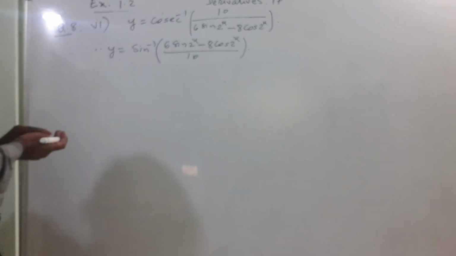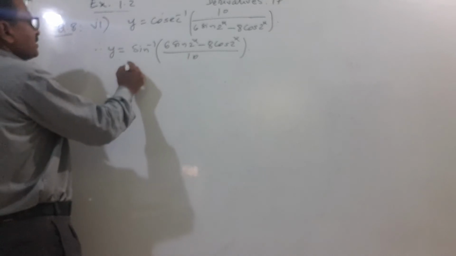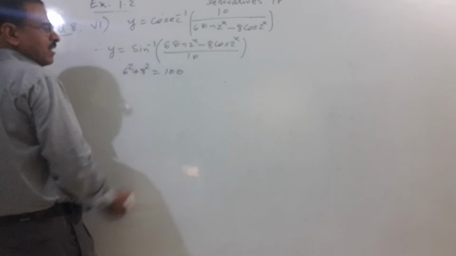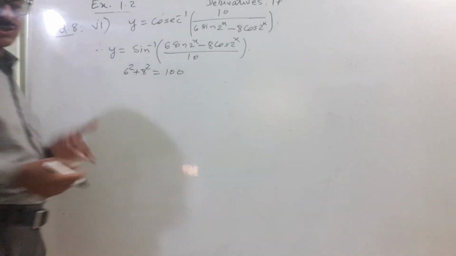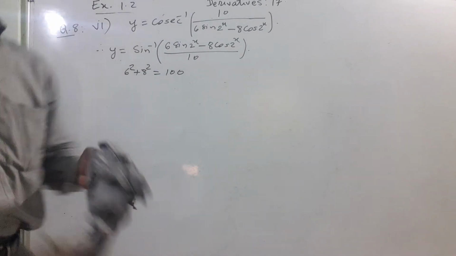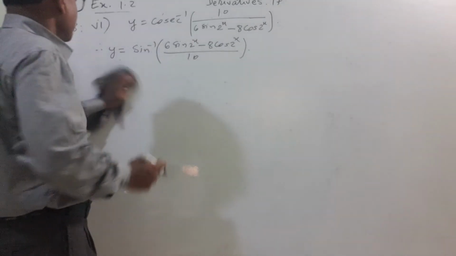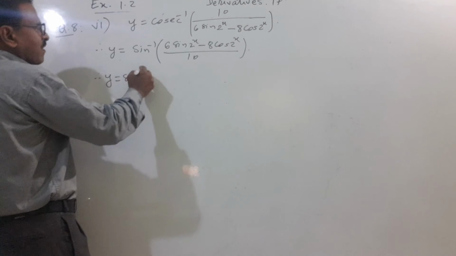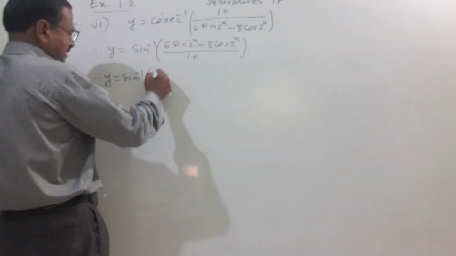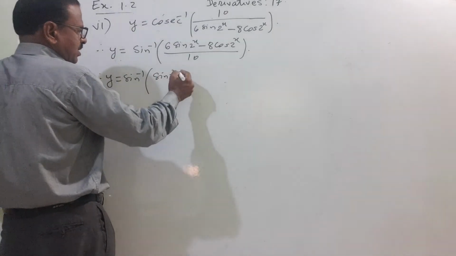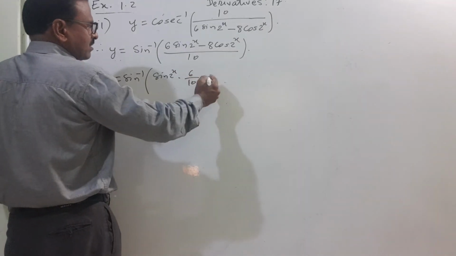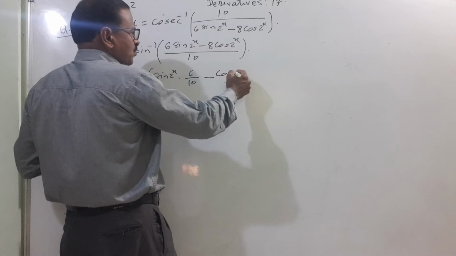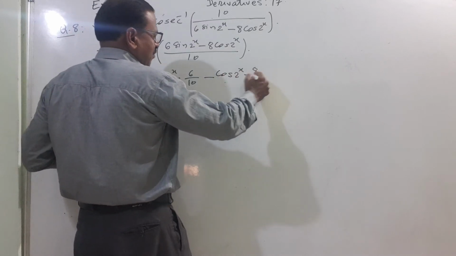Now see this, 6 square plus 8 square. 6 square plus 8 square is equal to 100, and that is nothing but 10 square. So these are the sides of the right angle triangle. So I will distribute this. Therefore y is equal to sine inverse of sine of 2 raised to x into 6 upon 10 minus cos of 2 raised to x into 8 upon 10.